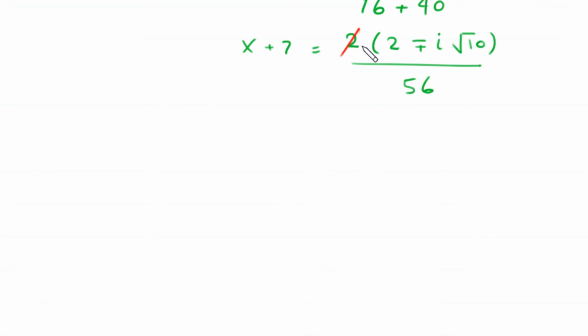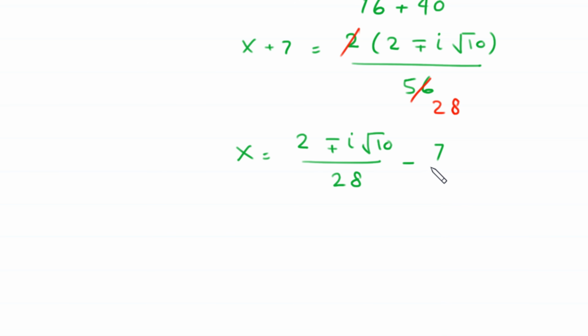And 2 over 56 gives 1 over 28. So we move this 7 to the right hand side, and this will become x is equal to 2 minus or plus i times root 10 divided by 28, minus 7.